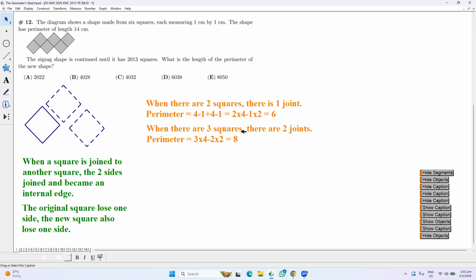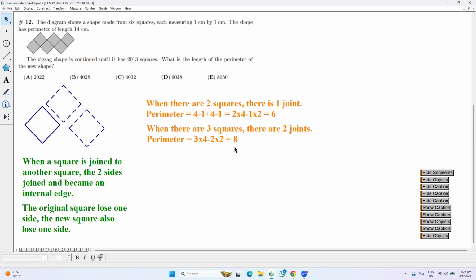When there are three squares, there are two joints. As you can see, here's one joint, and then here's the second joint. Perimeter: 3 times 4, since a square has 4 sides. But each joint loses two sides, so two joints, 2 times 2 sides, 4 sides lost.